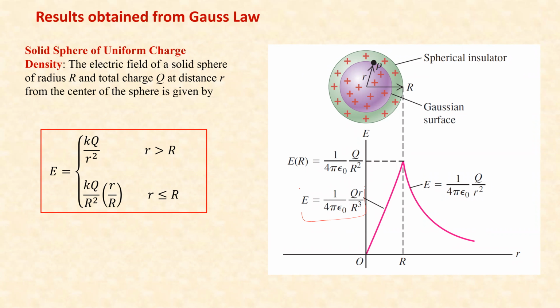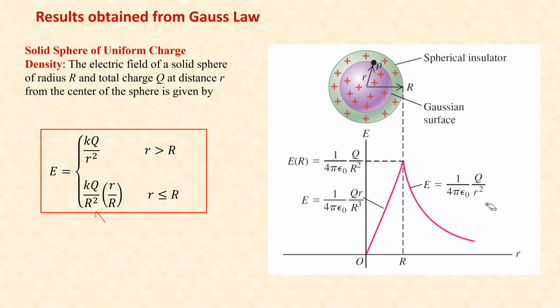This was exactly this equation. Because it goes with r, if r is 0, it gets 0. If r is capital R, at this point, it becomes kQ over R squared, which is 1 over 4 pi epsilon naught Q over R squared. So it goes linearly from 0 to that maximum while you are inside. And then when you are outside, it acts like a point charge.